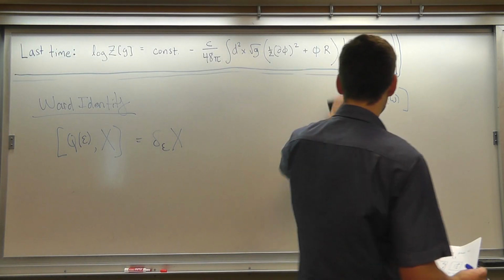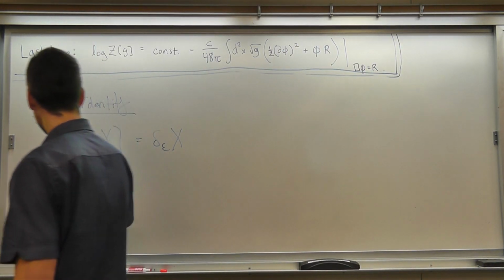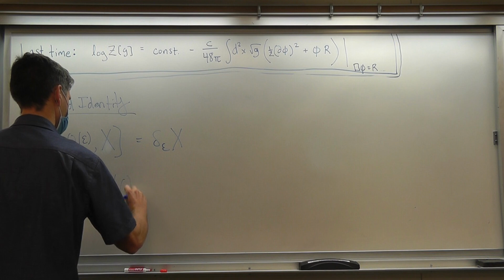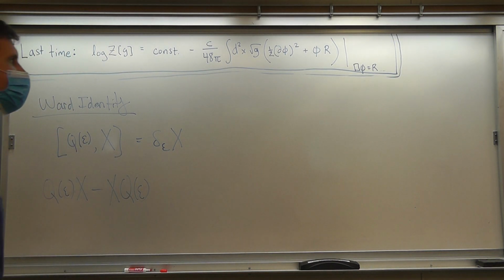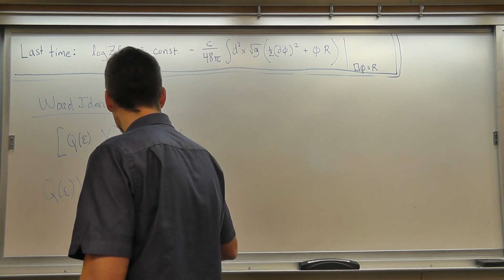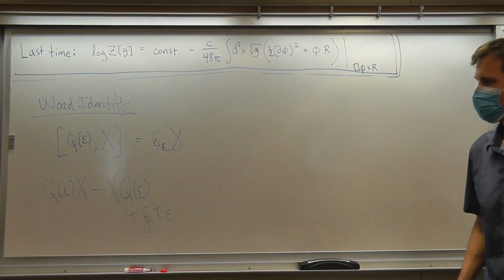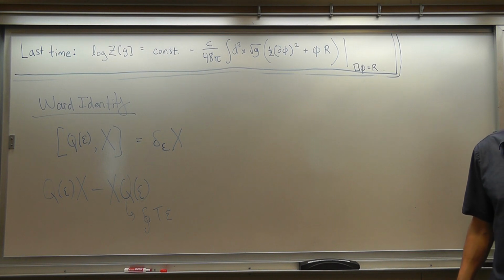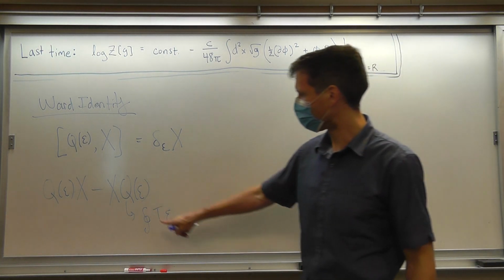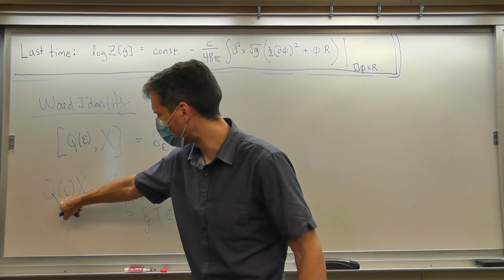So I need to write out this commutator. It's Q of epsilon X minus X Q of epsilon. And remember, Q is the integral of T epsilon. In radial quantization, time goes outward. Let's do this one first.